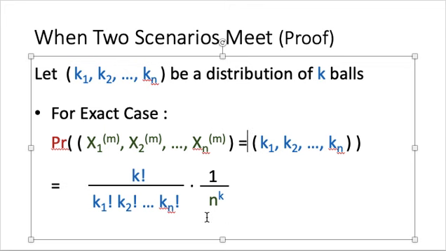So in summary, the chance for a particular scenario to happen is 1 over n to the power k. And then there are many different scenarios that will yield the same distribution. So this is the probability for the exact case.